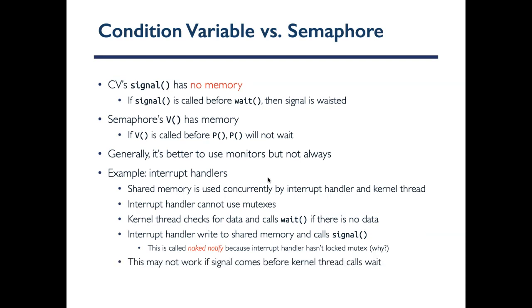So to avoid this, we can just use semaphores. Inside our interrupt handler, the interrupt handler calls V, and no matter where the kernel thread is, this V is memorized. Whether the kernel thread goes to sleep after or before the V, it will see that V. So it gets resolved.